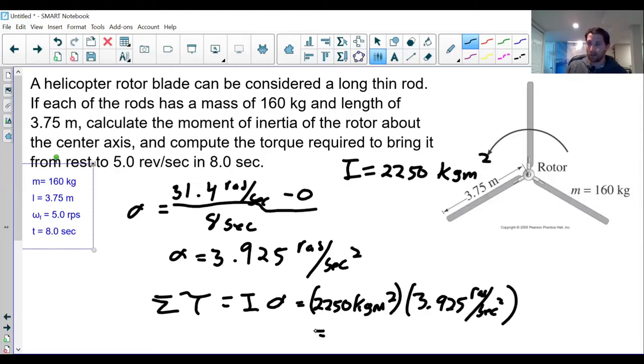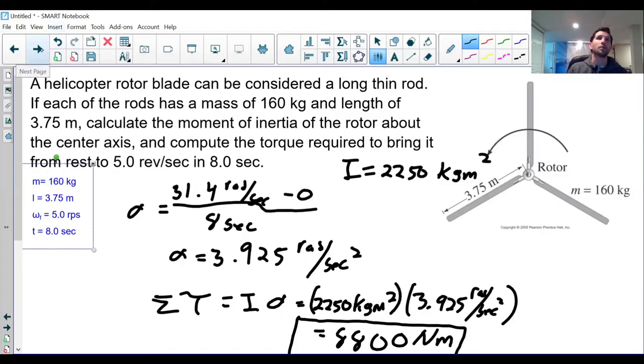And I get about 8,800 Newton meters. If you have any questions on either of those two problems, let me know in the comments so I can go back and take a look at what you did.